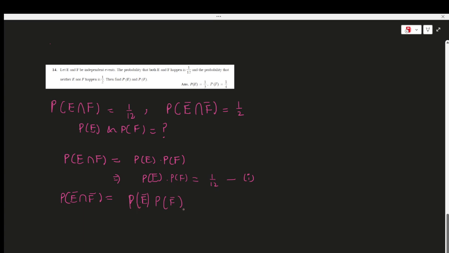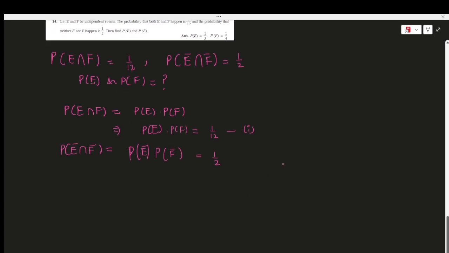So this is P(E') and P(F'), and it is given as 1 by 2. We can just now do some manipulations in the values.